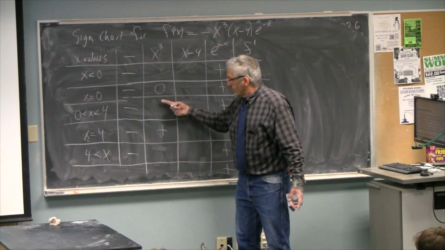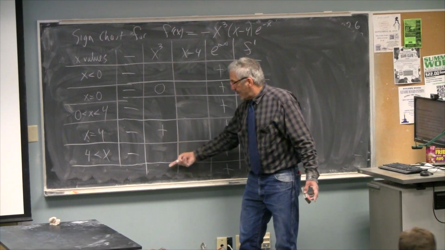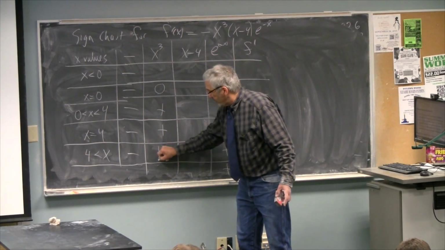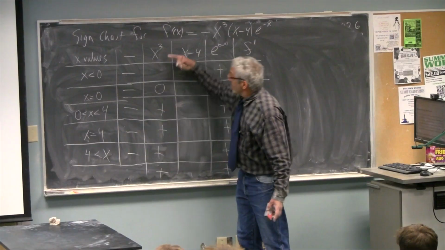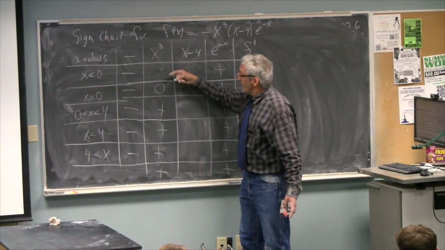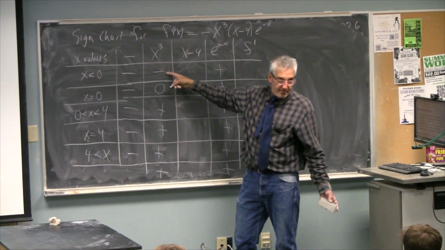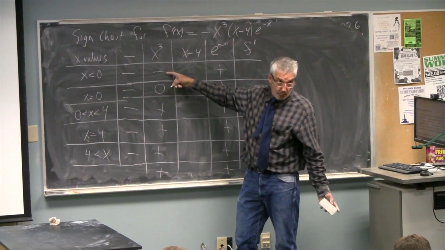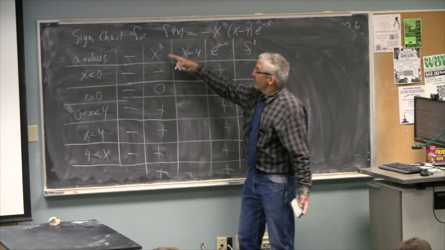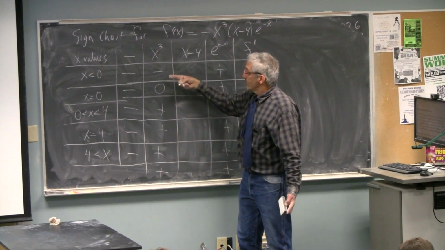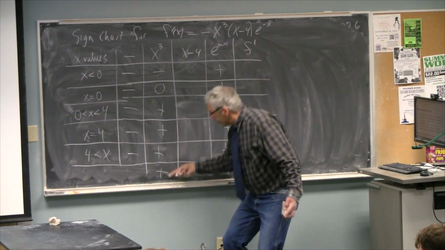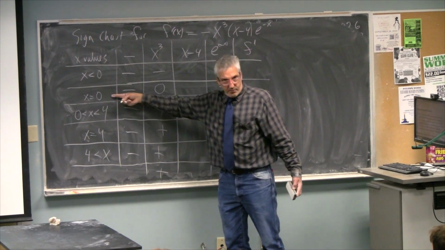But the function is never going to touch the x-axis again, so all of these are positive. So this factor changes, well, think about a negative x value, like for instance, x equals minus 4. Minus 4 cubed would be minus 64. That's negative. So this factor changes from negative to 0 to positive at x equals 0.